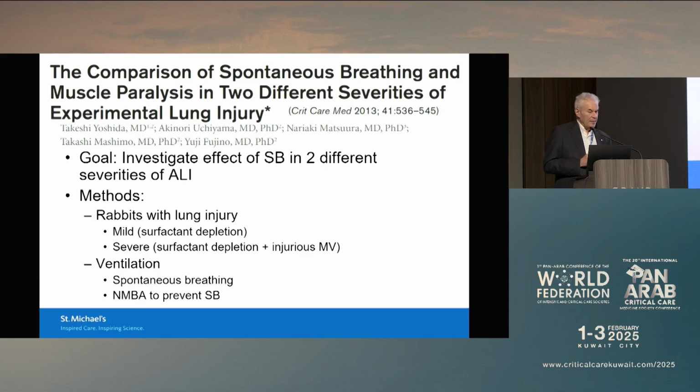So they looked at rabbits with lung injury, and they induced mild injury with simple surfactant depletion, a well-known model. And for the severe injury, they did the same surfactant depletion, but they used injurious mechanical ventilation for some period of time.